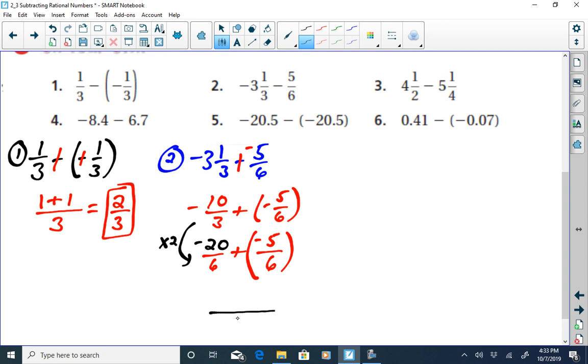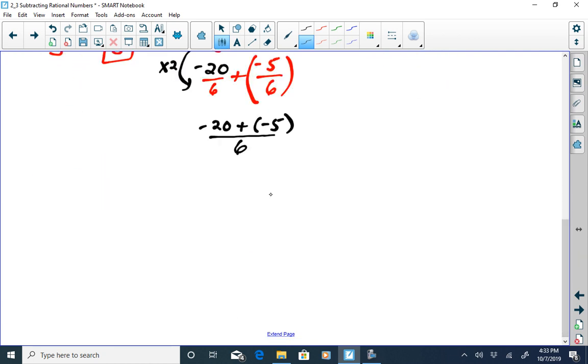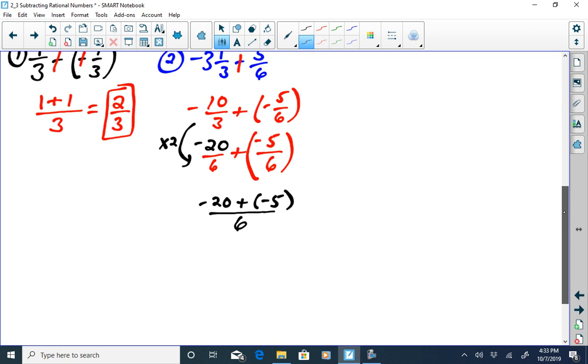So I write my new fraction over one denominator, and I write my negative 20 plus my negative 5 in the numerator. I take this numerator here, take this numerator here, and we're adding. Well, what is negative 20 and negative 5? When we're adding integers with the same sign, we have to add their absolute values.